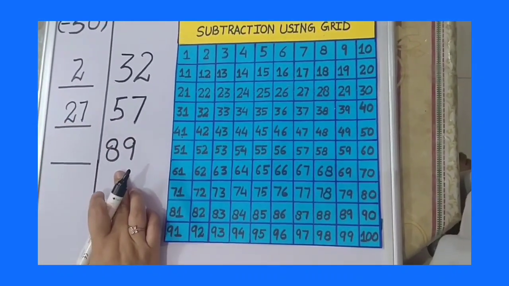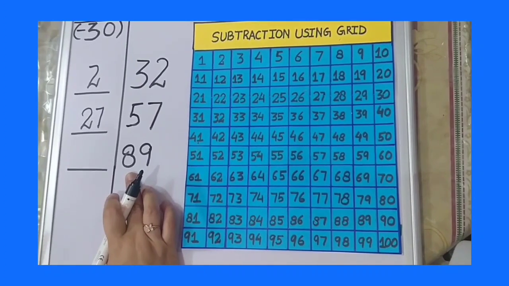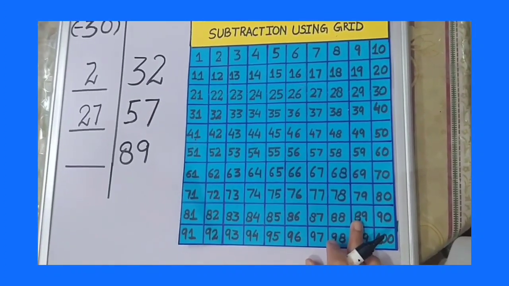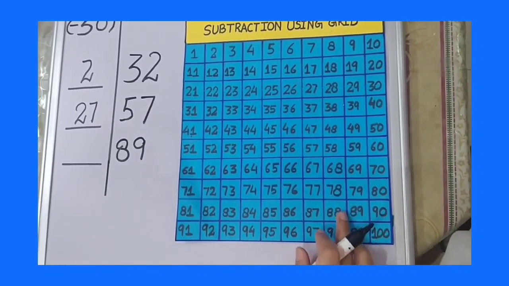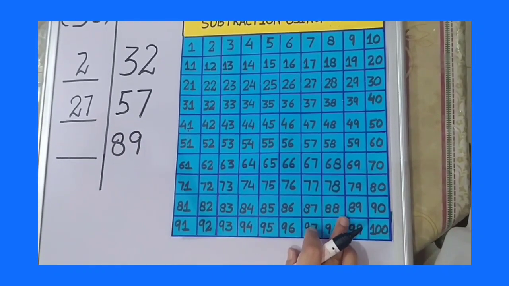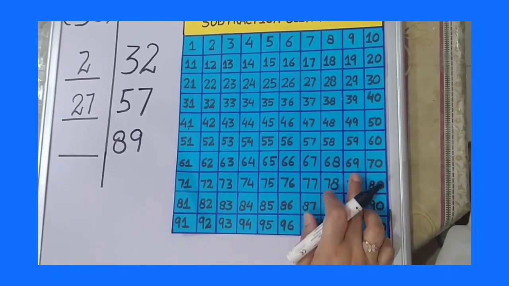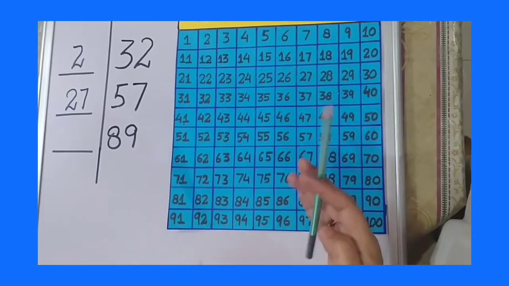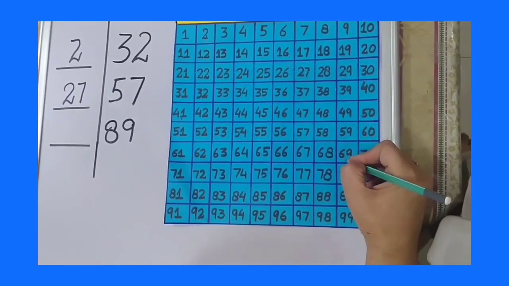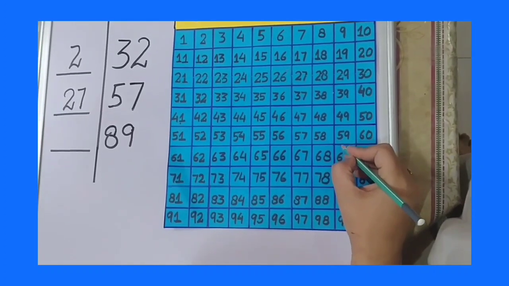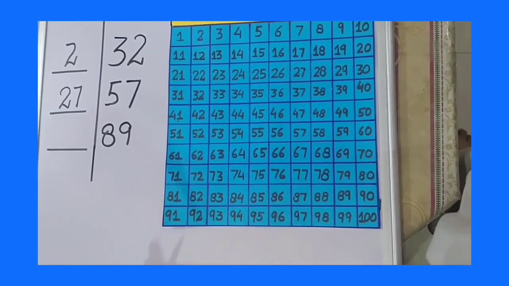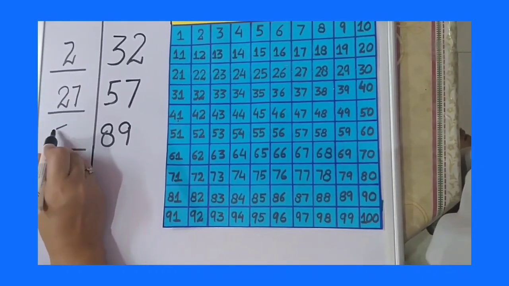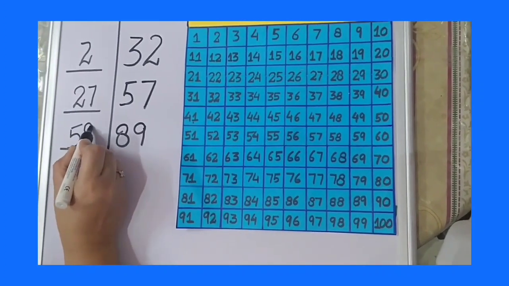Now the next number is 89. 89 minus 30. In the same way we will move 3 rows above. 1, 2 and 3. Where did we reach? We reached 59. So 89 minus 30 will be 59.